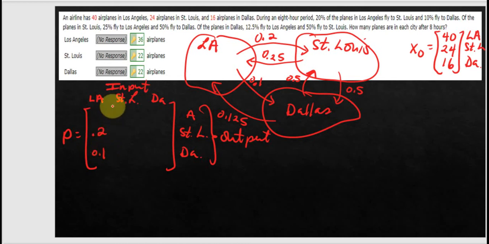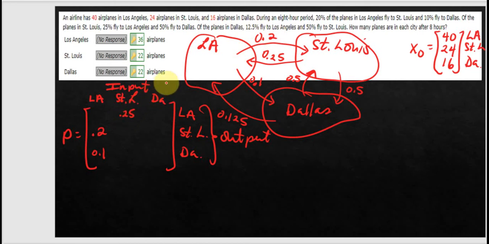So once you look at it, I'm going to go through the whole thing. I'm going to leave something blank, and then we'll come back and fill it in. But how do you fill in what's missing? It's just 1 minus the sum of whatever you have there, and that gives you the missing link. So now let's move to St. Louis. From St. Louis to LA, that's 0.25.